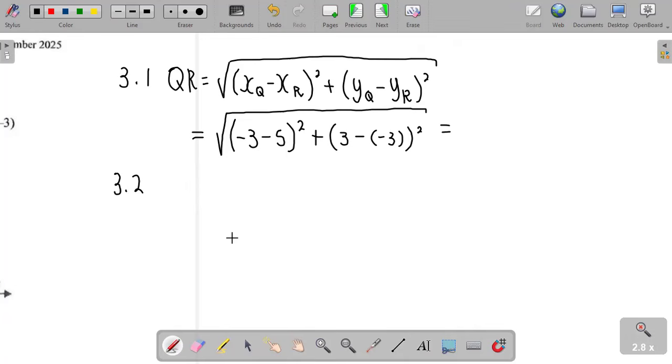And then so equals to square root 100, then equals to 10 units. You use a calculator here. Equals to 10 units.